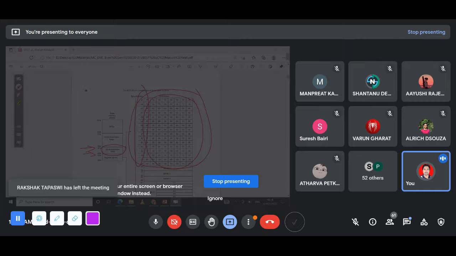अगर ये particular बिट को मुझे suppose change करना है तो इसका address क्या है? 6C. ओके, अगर ये बिट को change करना है तो इसका address क्या है? 51. ओके, and so forth. So bit addressable, individual bit I can change. If it is byte addressable, I have to change all the 8 bits.